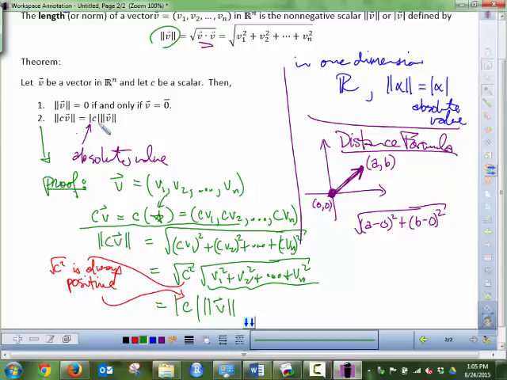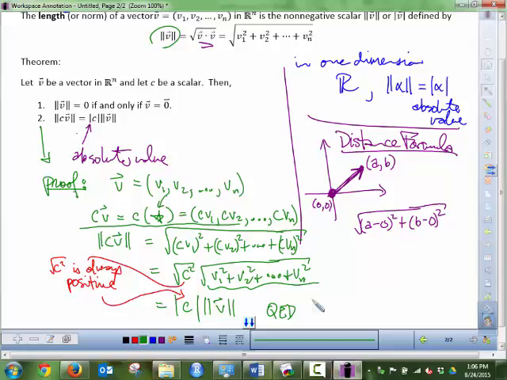So what do I put? Quod erat demonstrandum. Okay, so that's done. So that's the proof of that. Any questions?